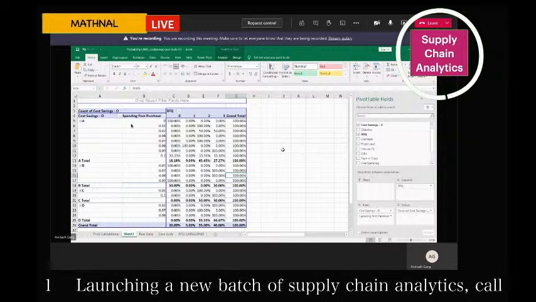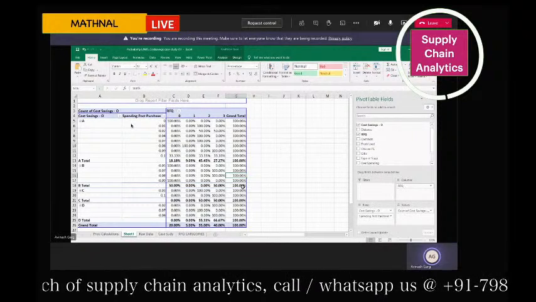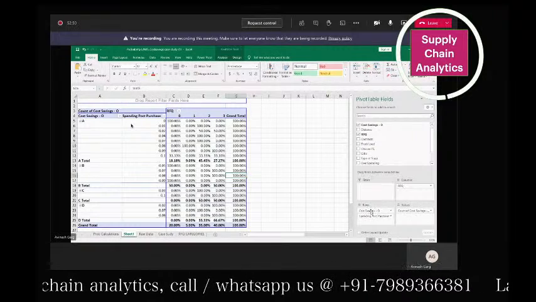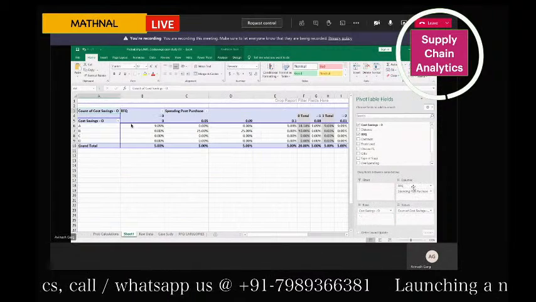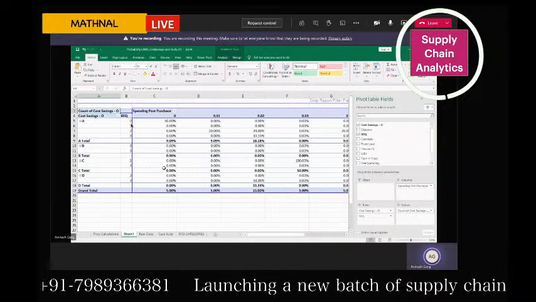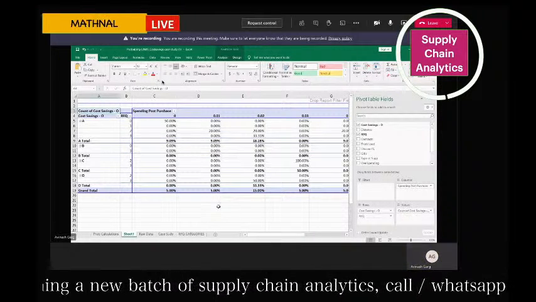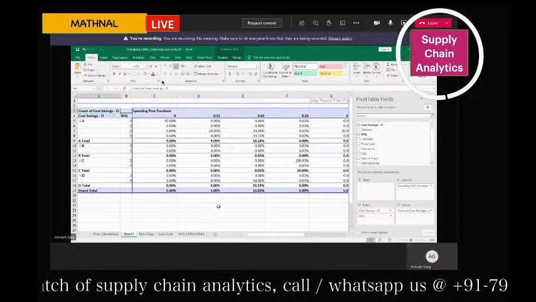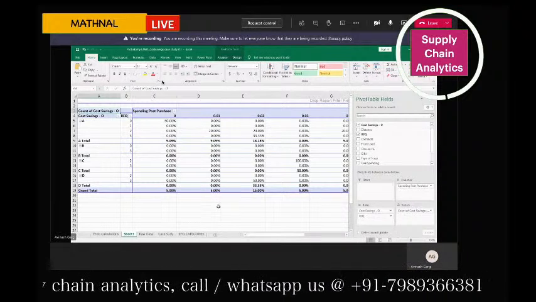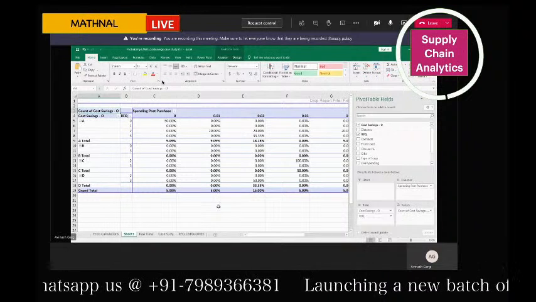If you want to switch RFQ back into the row section and spending post purchase into the column section, so spending post purchase into the column section, RFQ over here. Now we are going to find the probability of spending post purchase 0 given cost savings category and RFQ category are combined together.